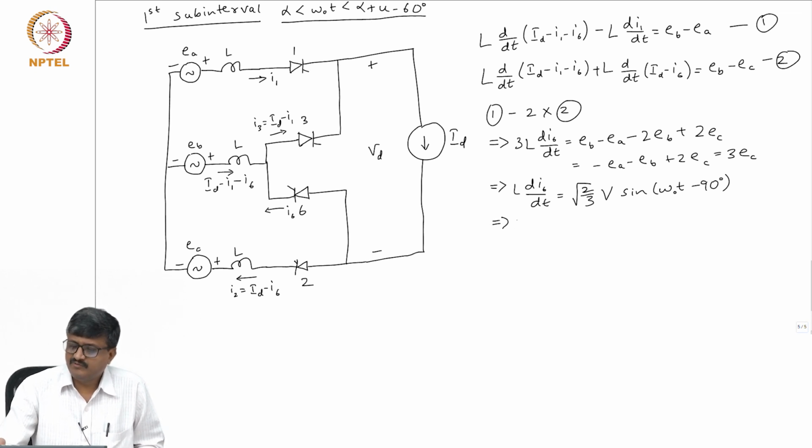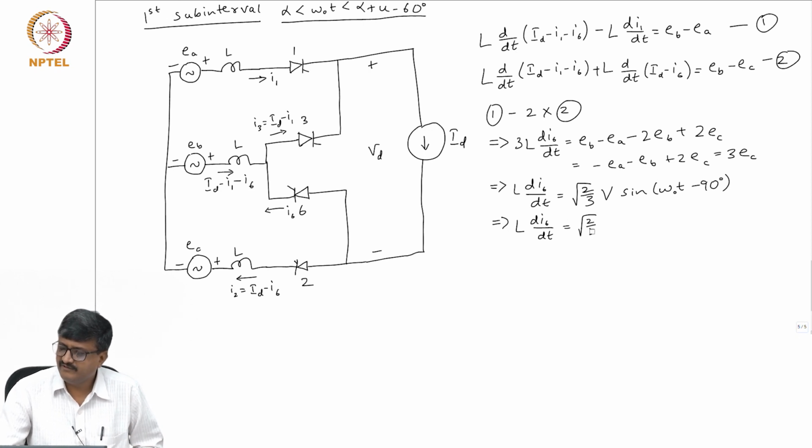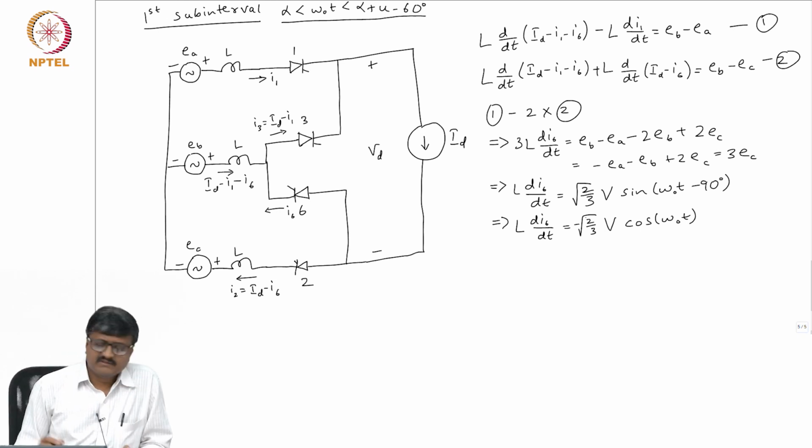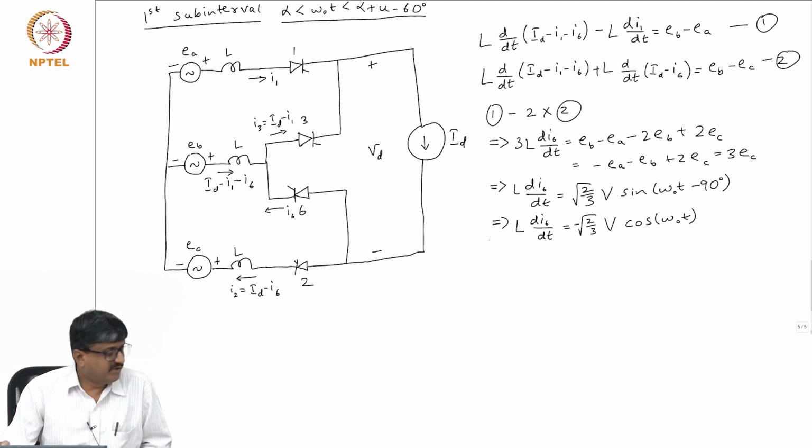So, it is easy to do the integration if I write this as di6 by dt is equal to root 2 by 3 V, I write this as minus cos omega ot. So, solve this for I6.